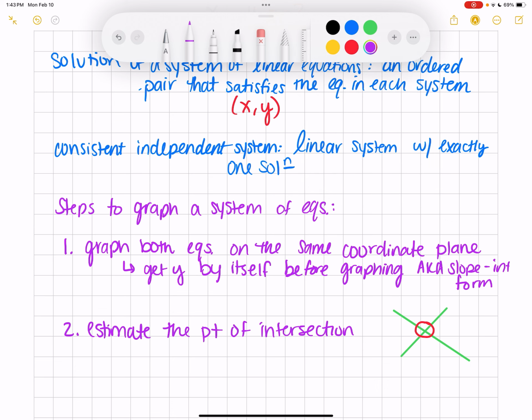The nice thing is, for the sake of this class, with the exception of it looks like one problem in the entire homework, they all come out to be nice points that are exactly on a point, not between things where you're estimating what the fraction is.